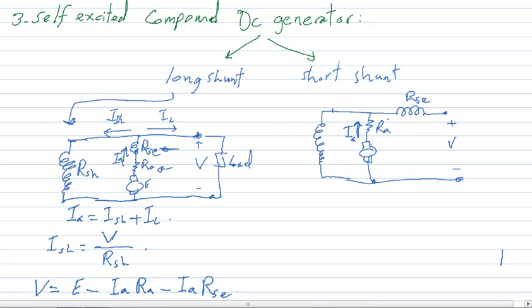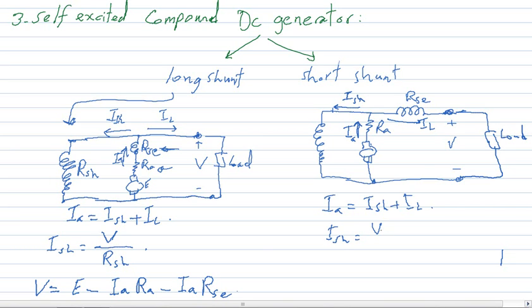Thus, there will be I load flowing through the series winding when there is a load connected across the terminal of the generator. And there will be, of course, a shunt current flowing through the shunt field. So the armature current is also equal to I shunt plus I load.